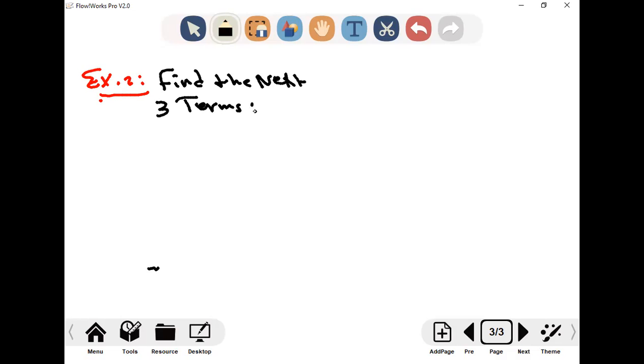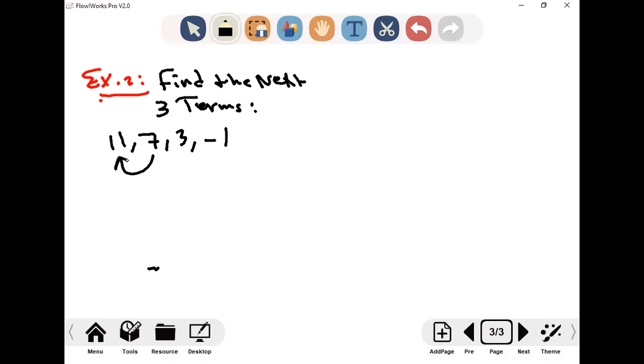The sequence is given: 11, 7, 3, and negative 1. First step, you need to find the common difference and check if it's arithmetic. Sometimes it's not arithmetic, so you cannot find it. Got it? So let's check.